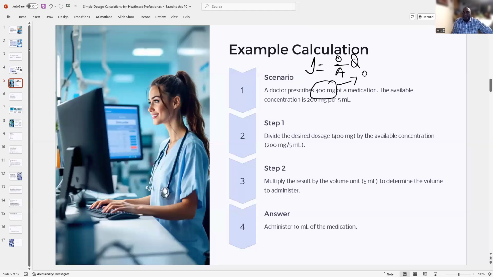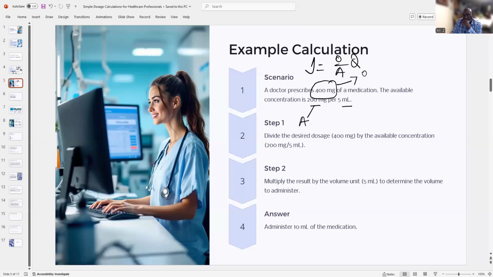The concentration is 200 milligram per 5 milliliter. That one is your available. Your quantity will be expressed by milliliter. So per 5 ml, the quantity will be 5. The quantity right there will be 5 ml.